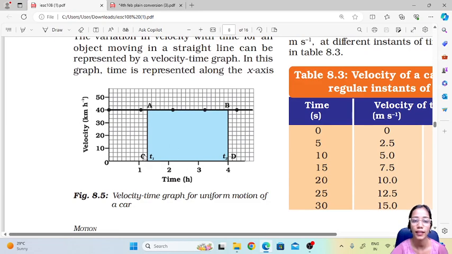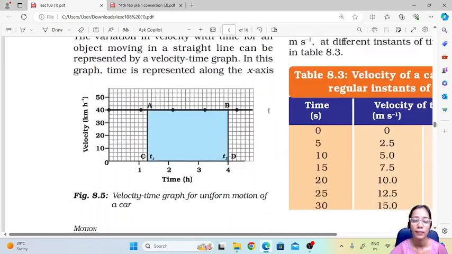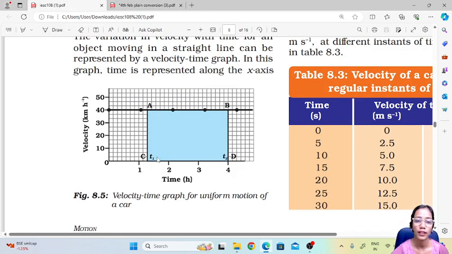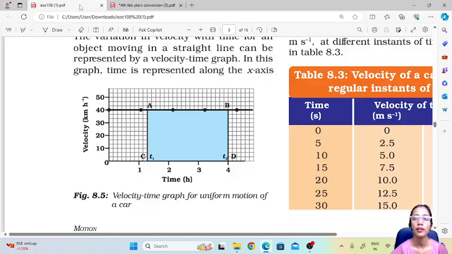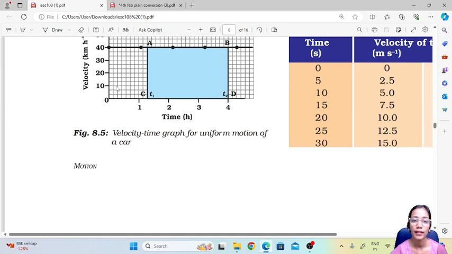This is AC into CD. We know that this will be length into breadth, right? So AC into CD. We know that the value of AC is 40 kilometer per hour, and CD is T2 minus T1.